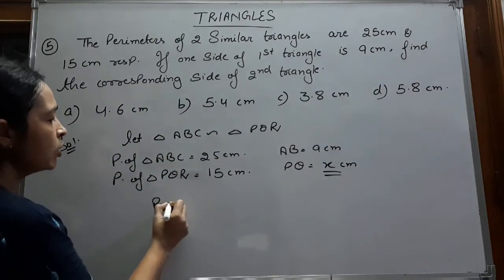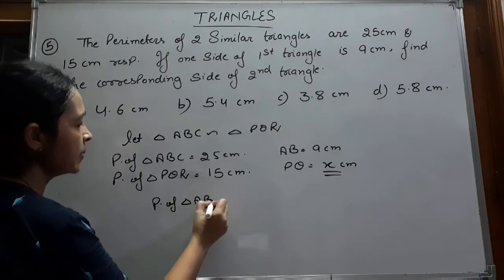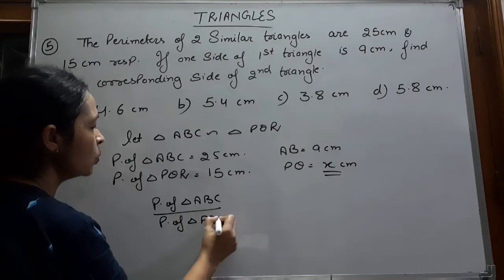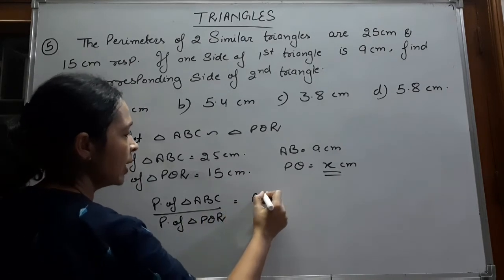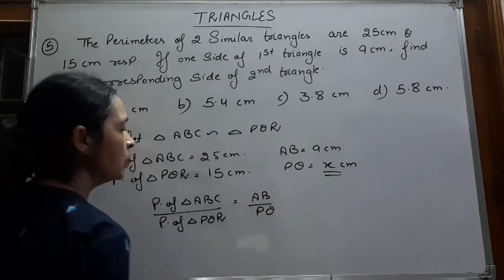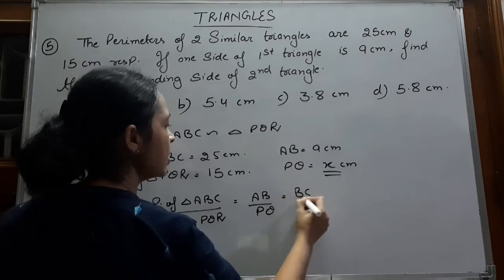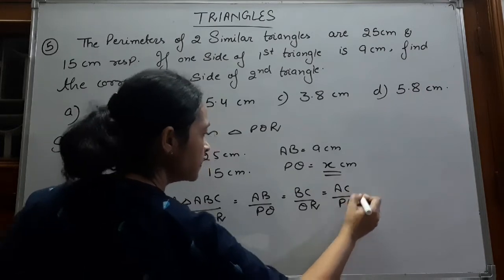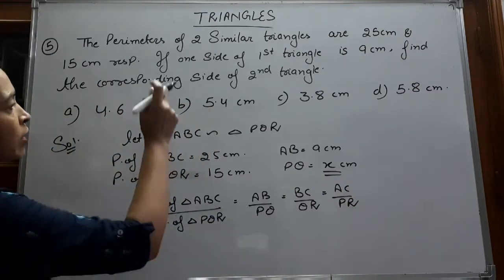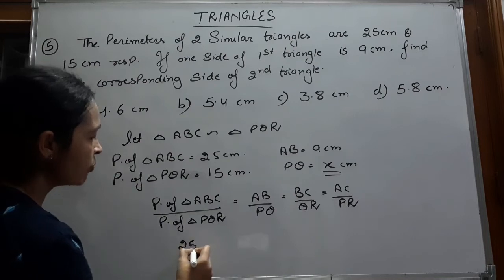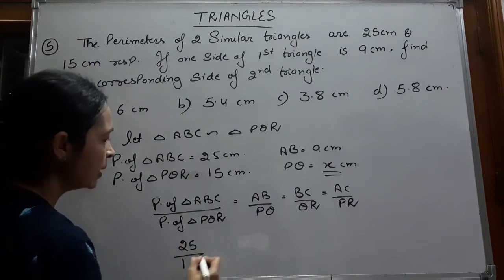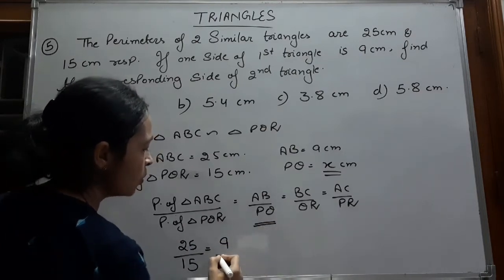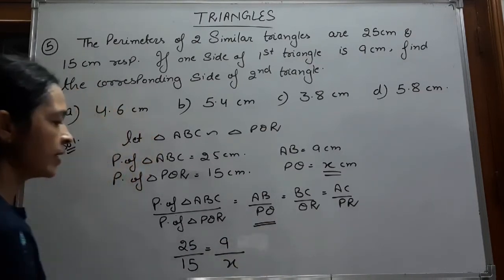Now, perimeter of triangle ABC upon perimeter of triangle PQR equals AB upon PQ equals BC upon QR equals AC upon PR. Perimeter of ABC upon PQR is 25 by 15 equals, what is AB? 9. We are taking AB upon PQ, and PQ is x.